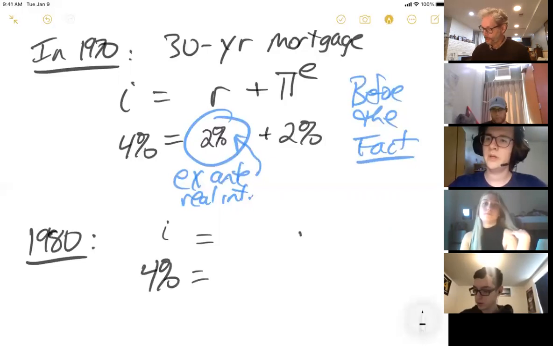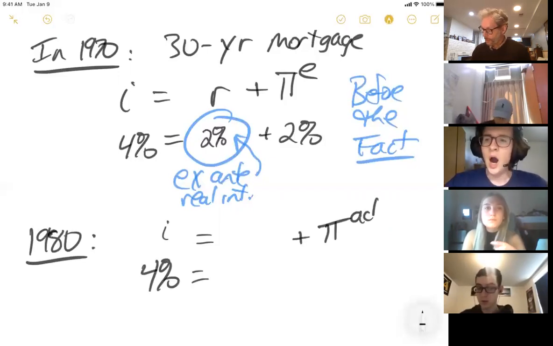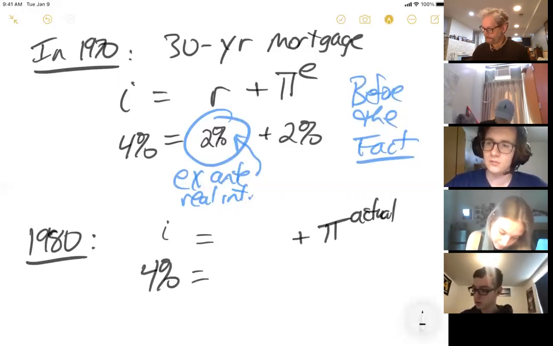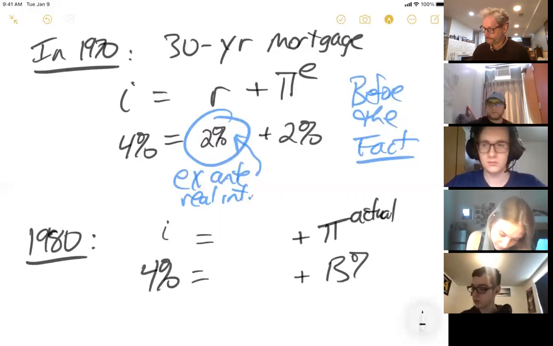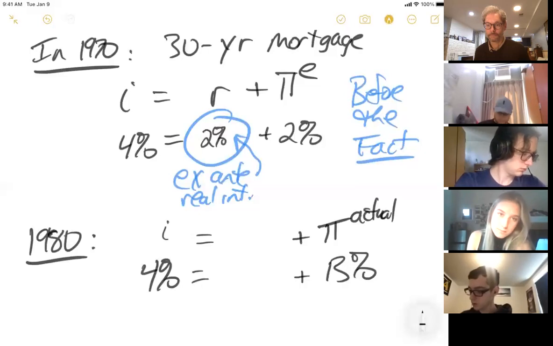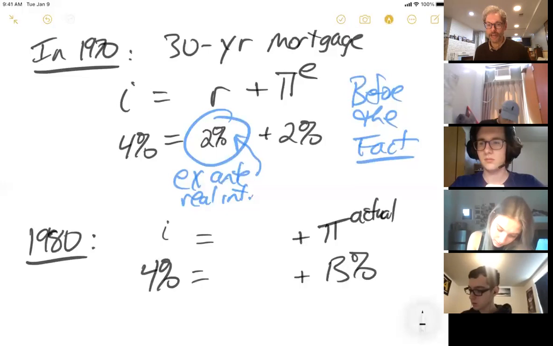However, what had actual inflation become? 13%. Inflation had reached 13% in 1980.